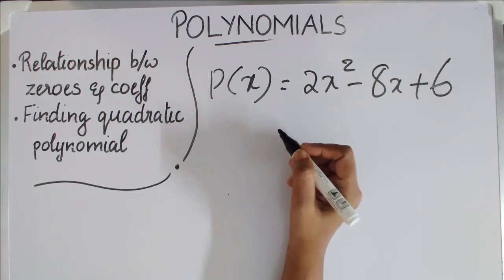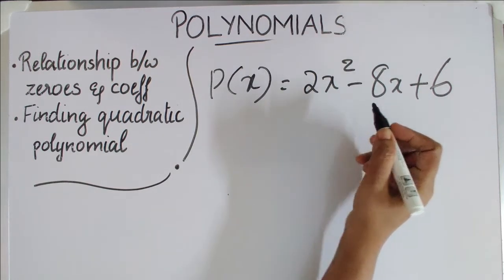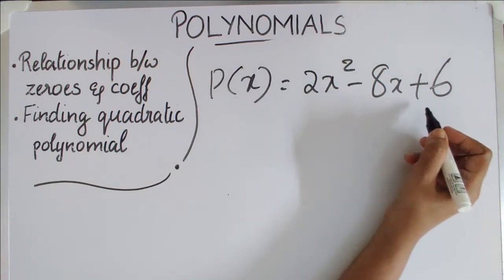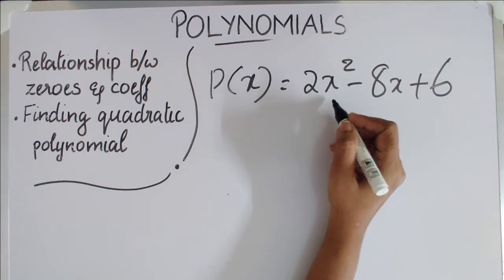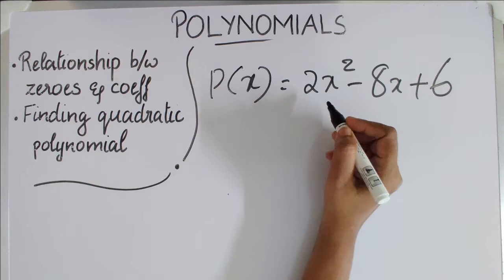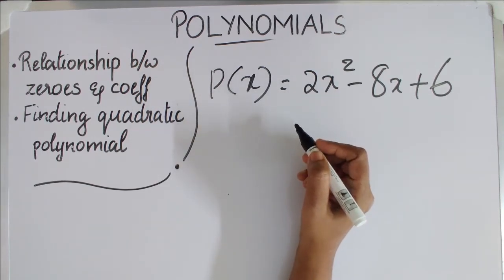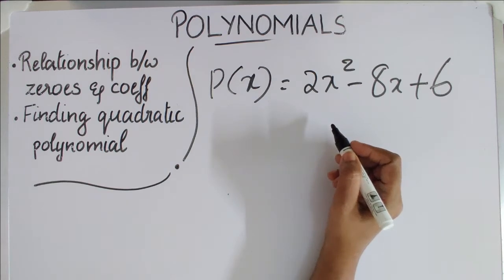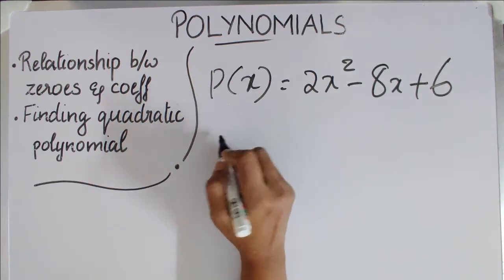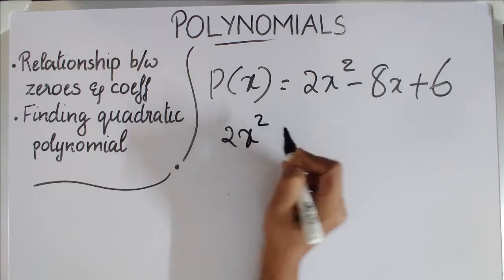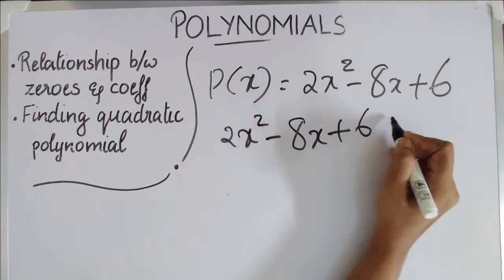For that, first we find the zero of the polynomial 2x square minus 8x plus 6, that means the value of x when p(x) equal to 0. To find the zero, the first step is to equate the polynomial to 0. That is, 2x square minus 8x plus 6 equal to 0.